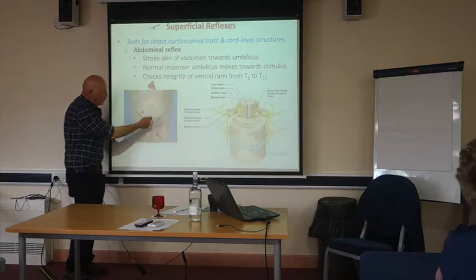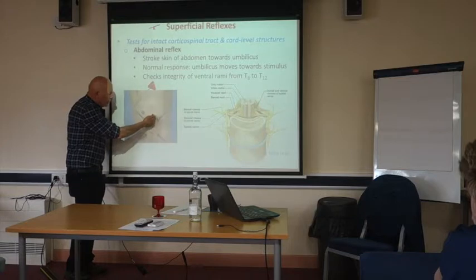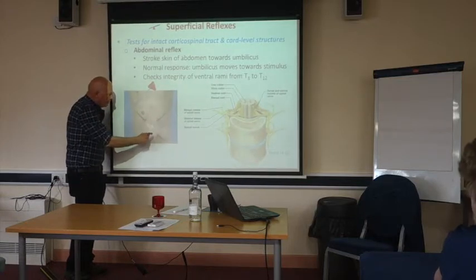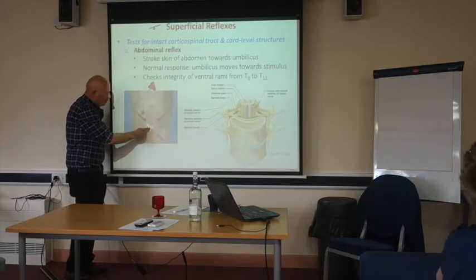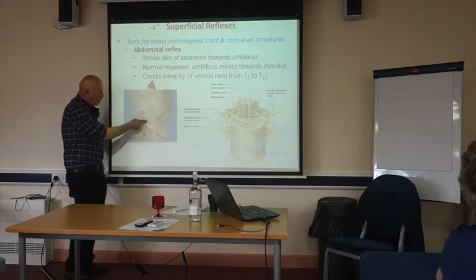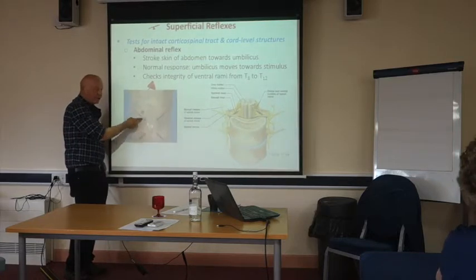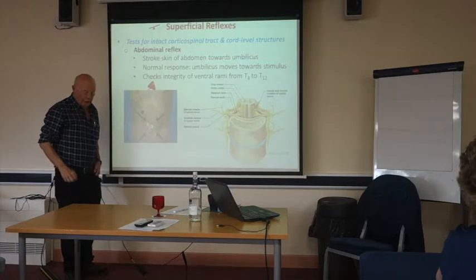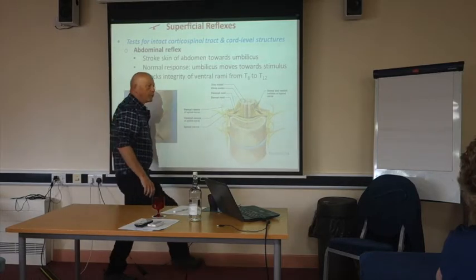You'll often see it done also like a diamond around it, going across that way, and it goes towards you. Across that way, it goes towards you. Don't pull it that way, because skin drag will probably pull the umbilicus towards you anyway.